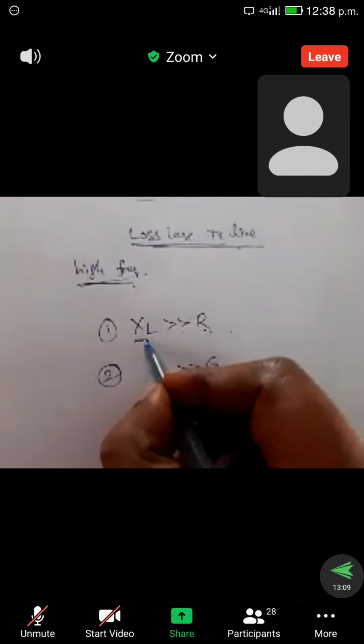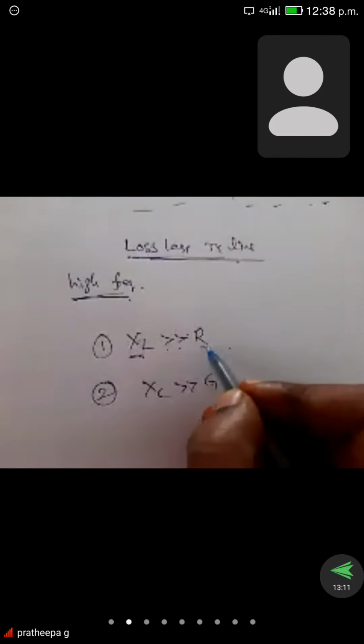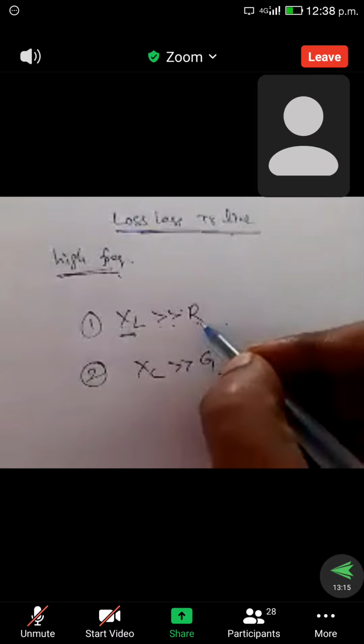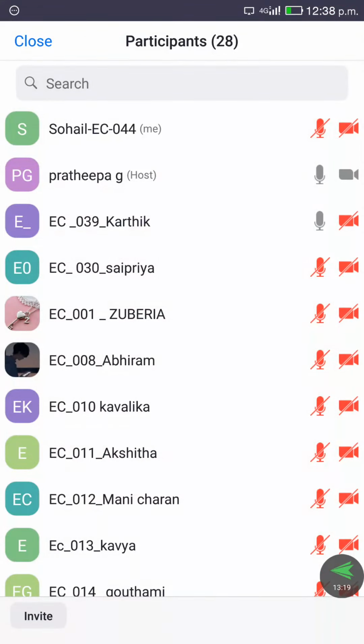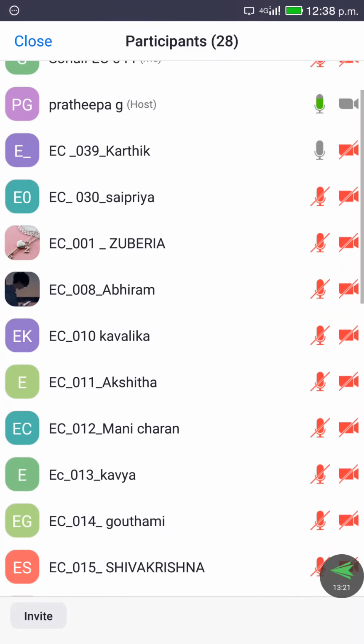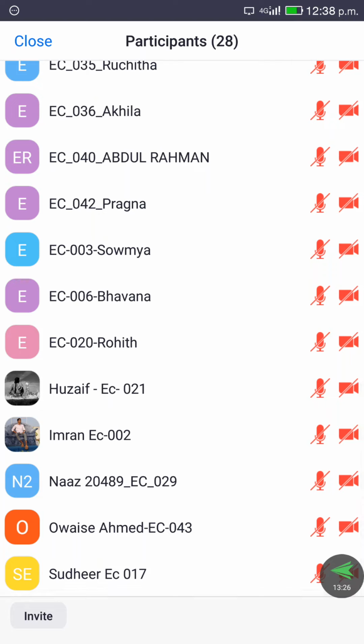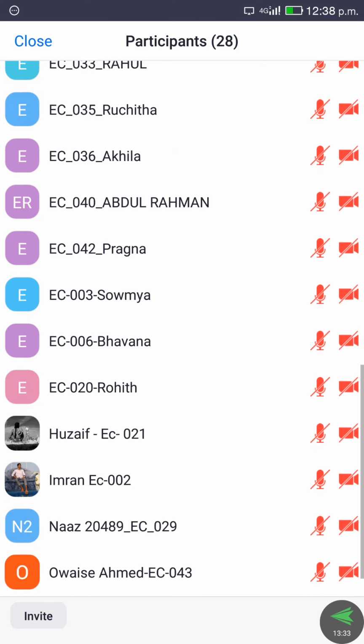That's right. At very high frequencies, what happens? Reactance of inductance is much greater than resistance, because these two are in series, right? And here capacitance reactance is much greater than conductance. So much greater than means these two will be neglected, right?